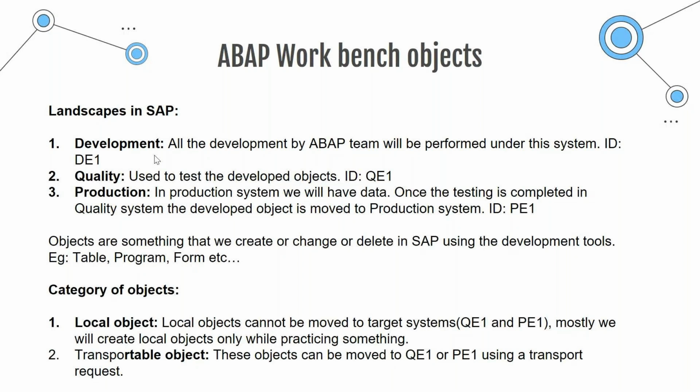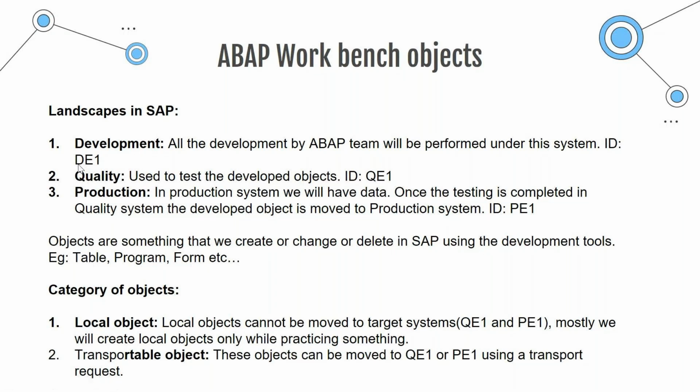This is a system ID that I gave here, DE1. This can be anything; I just gave an example, but in your project it could be anything. Normally it will start with a D, meaning development system. In quality it will start with Q, production will start with P. Most projects use this naming convention.